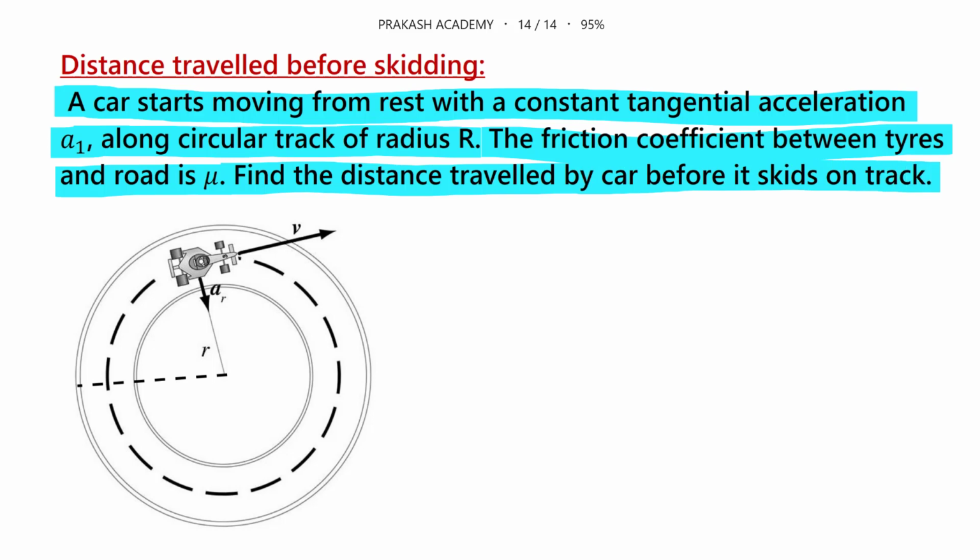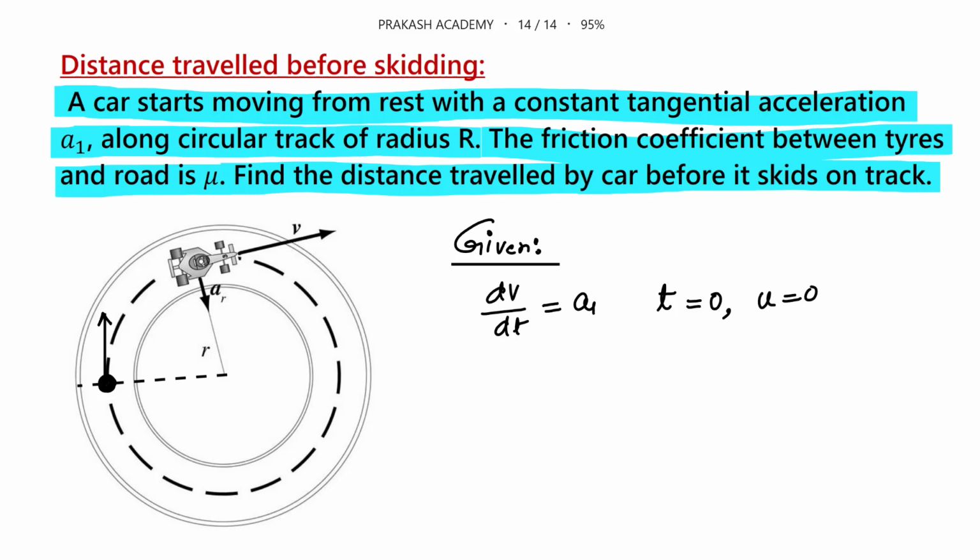So what are the things that have been given? We have been given the tangential acceleration, that is dv by dt, and this is constant and the value is given as a1. And the car is at rest at t equals 0. Let us say the car starts from this position and goes in this direction, and initially the speed is 0, but it has a constant tangential acceleration a1.